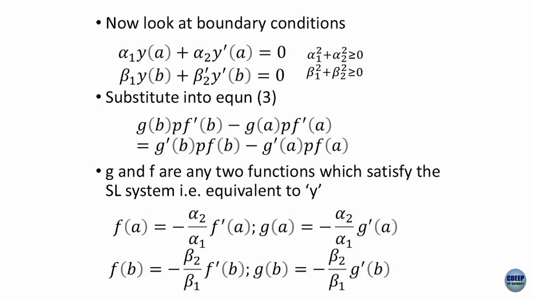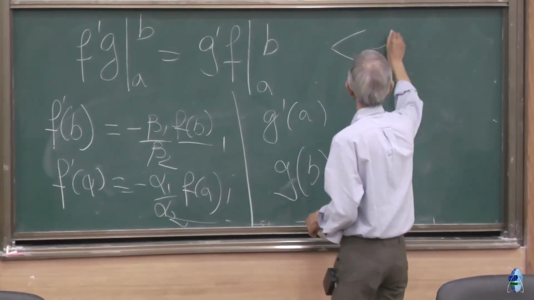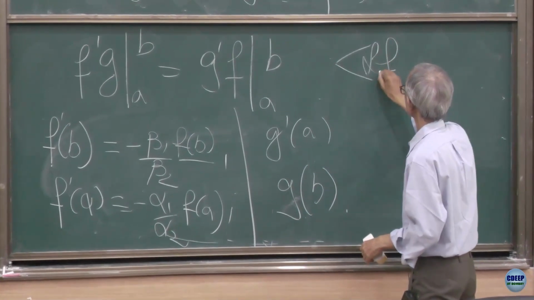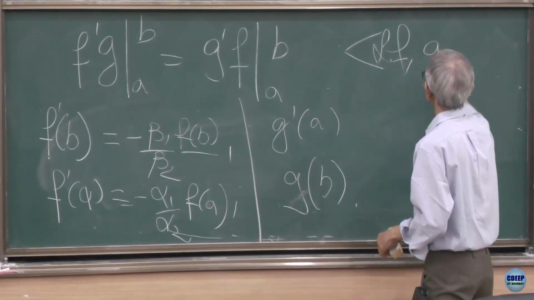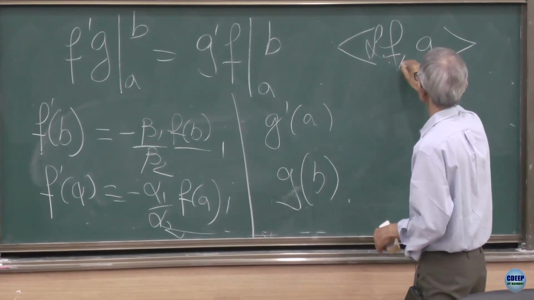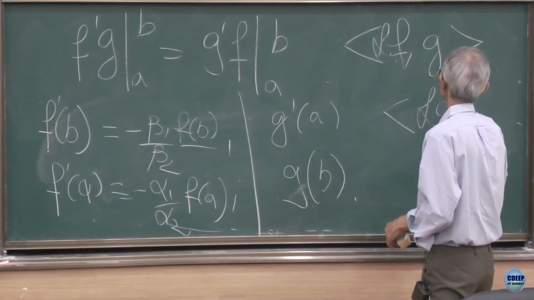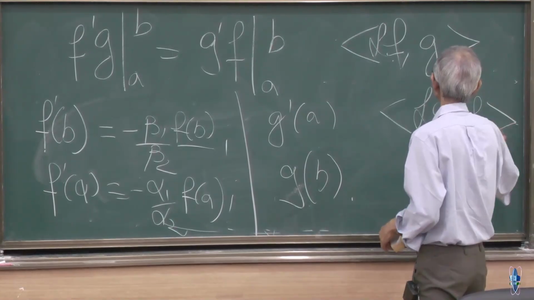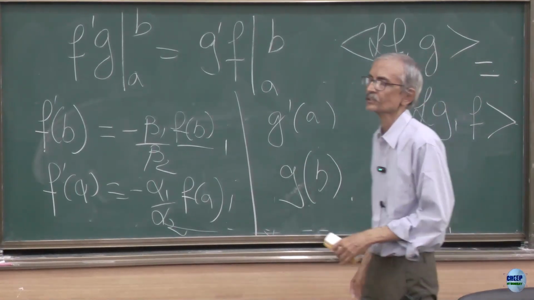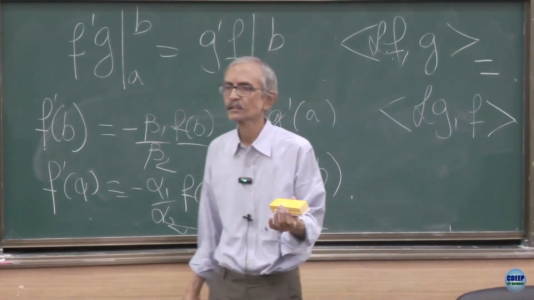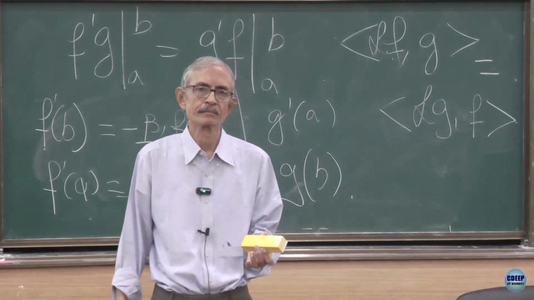So we said that we are going to use the definition of this so-called self-adjoint business, and we said that operator operating on a function f and the inner product with g, and then this g comma f, this was our definition of the self-adjoint operator.